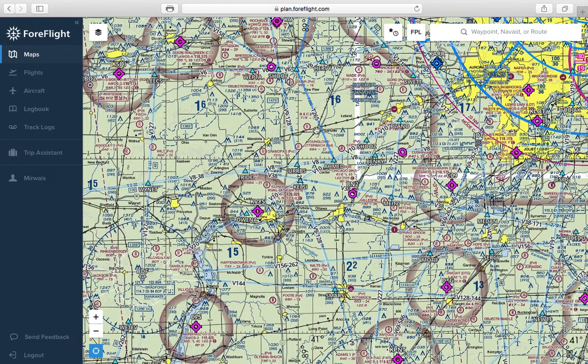Once you pop out of this magenta shaded airspace, you still have Gulf up to 1200 AGL anywhere that you don't have any magenta shading like here.